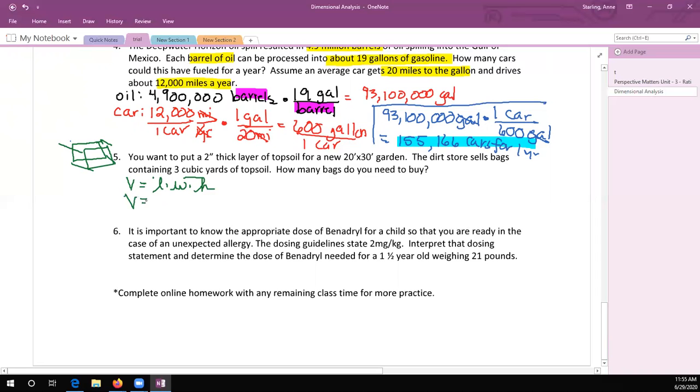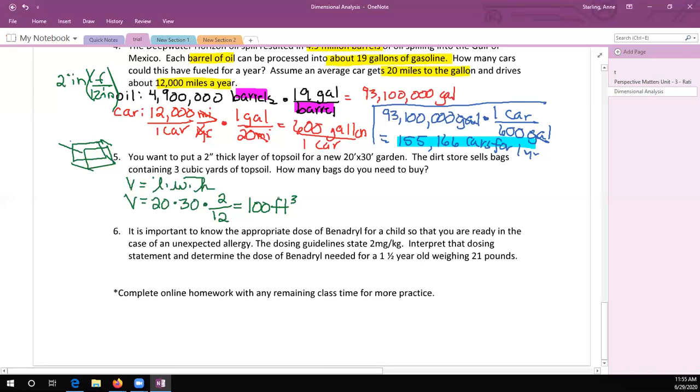We end up with length is 20 feet, width is 30 feet, and height is 2 over 12 feet. Now 2 inches can't stay 2 inches. It had to be converted using 12 inches as 1 foot, because we can't have different measurements going. And then just leave that as a fraction because the math works out really well. It works out to be 100 cubic feet that you need topsoil for.